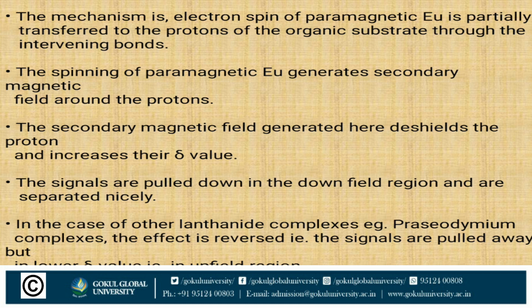Why do they come to the downfield region? Because europium transfers to the protons through the shift reagent, and this shift reagent pulls the signals down to the downfield region, and we can easily separate these signals.